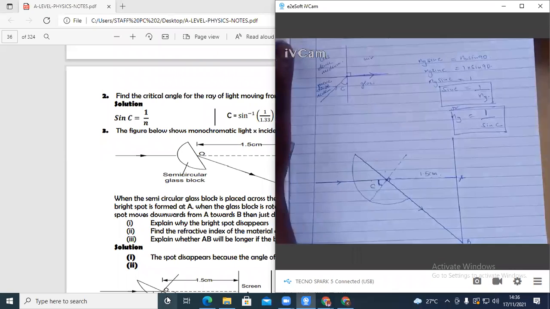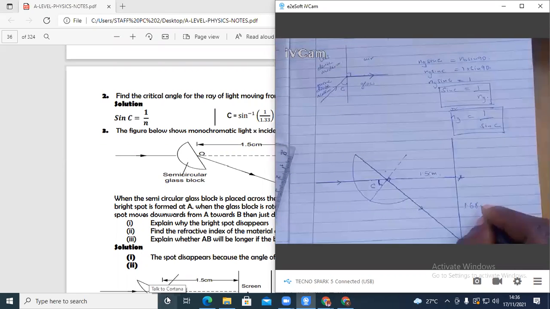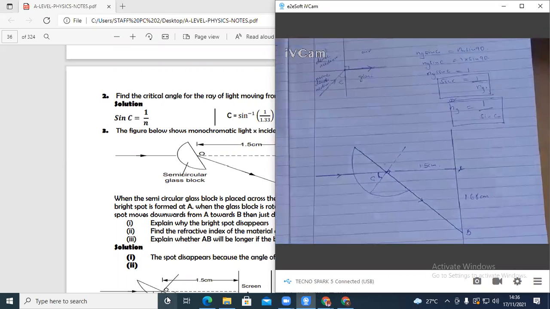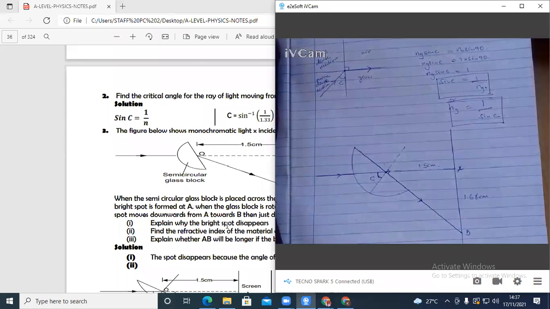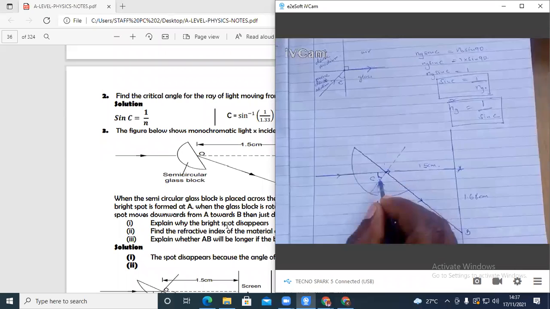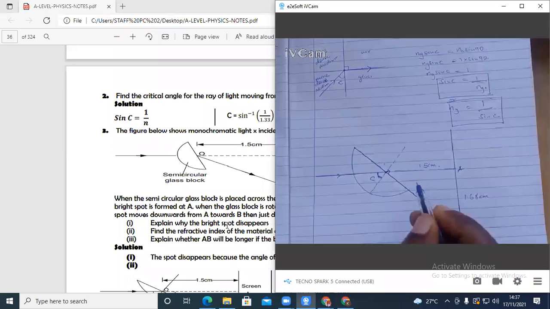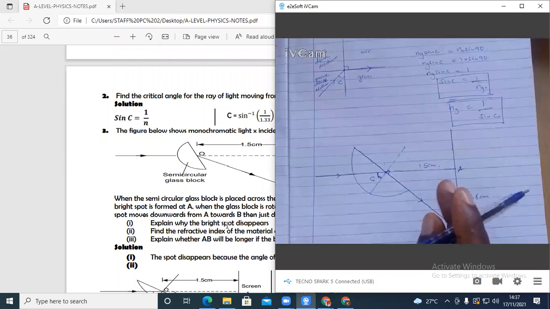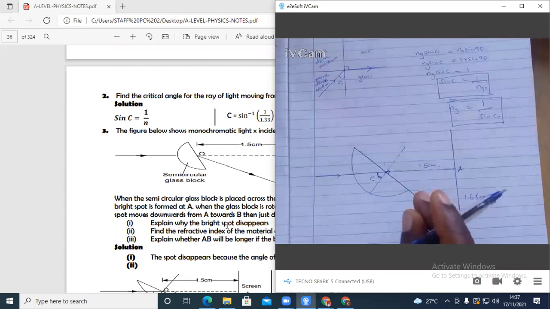So 1.68 centimeters. Okay, so what do we need to do? They're asking for the refractive index of this material. So how would we get it?